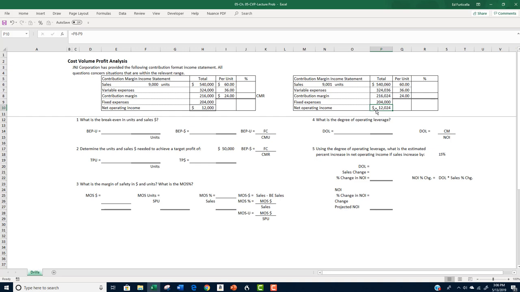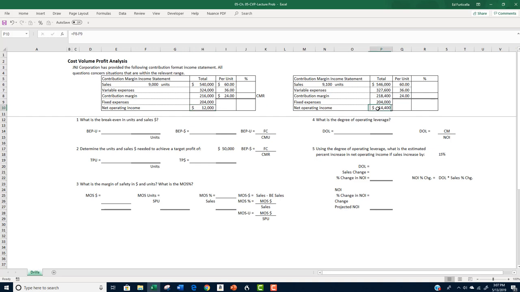Increasing sales by 100 units increases net operating income by 100 units times the $24 of contribution margin per unit, or $2,400 in change, to get a new total of $14,400, the $12,000 plus the $2,400.